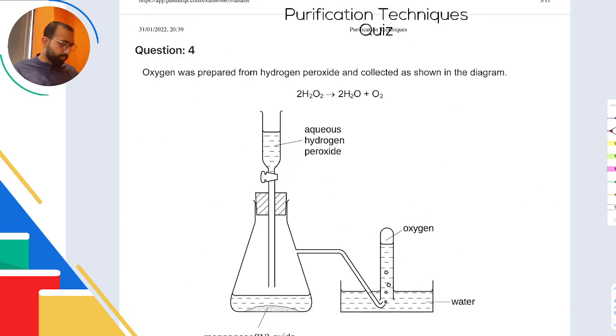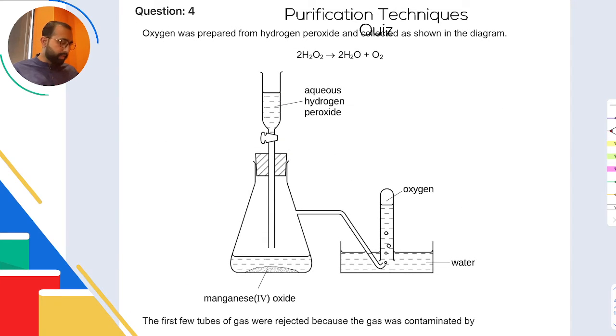Question number 4. Oxygen was prepared from hydrogen peroxide and collected as shown in the diagram. Okay, so we have manganese(IV) oxide acting as a catalyst, producing oxygen that is collected over water. This method is called collection over water, and when we use this method, what this is useful for is that you can collect any gas that is not soluble in water, or sparingly soluble in water, using this method.